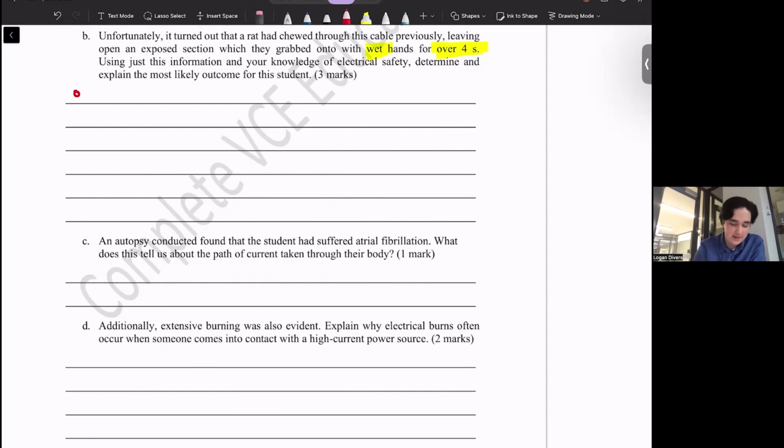Death is very likely. So the current was over the 200 milliamps threshold, making death likely.